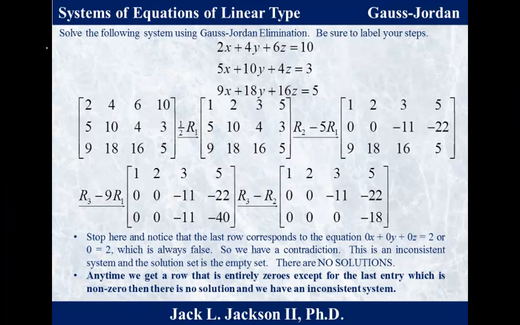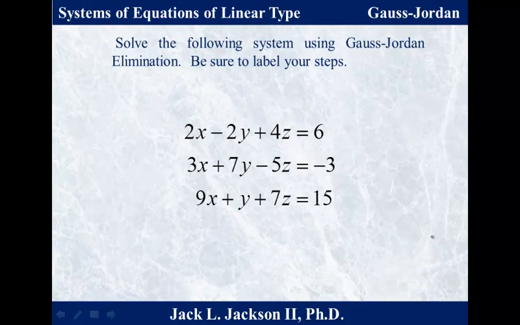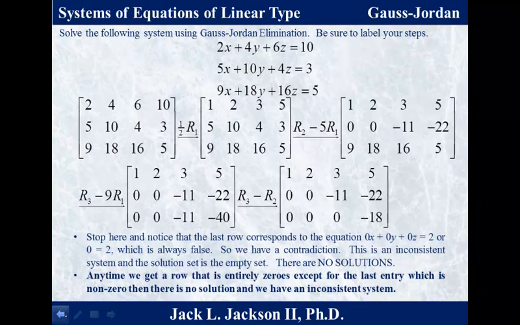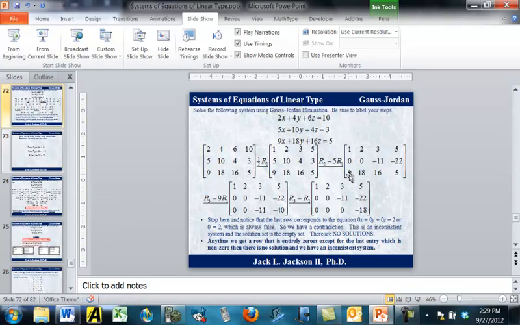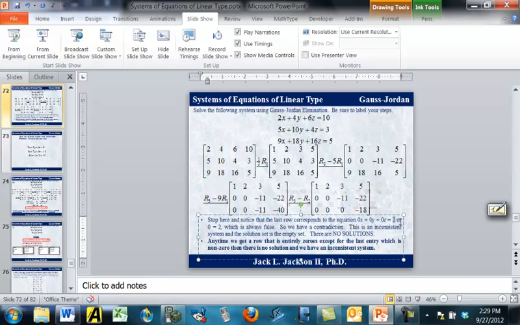Okay, but now look at the last one. The last equation now says 0x plus 0y plus 0z equals negative 18. Or, in other words, 0 equals negative 18.